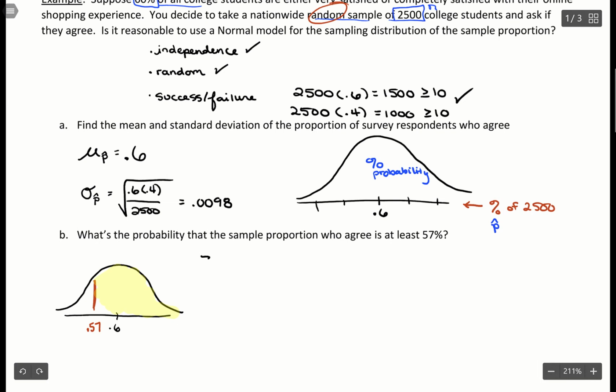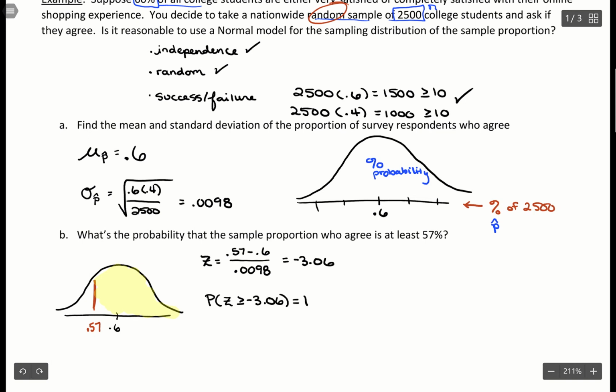So what we'll do first is find our z-score. So take 0.57 minus our mean of 0.6 and divide by our standard deviation of 0.0098, which is going to be a negative 3.06. So we want to find this probability of being more than or equal to that negative 3.06. So we'll go to our table.